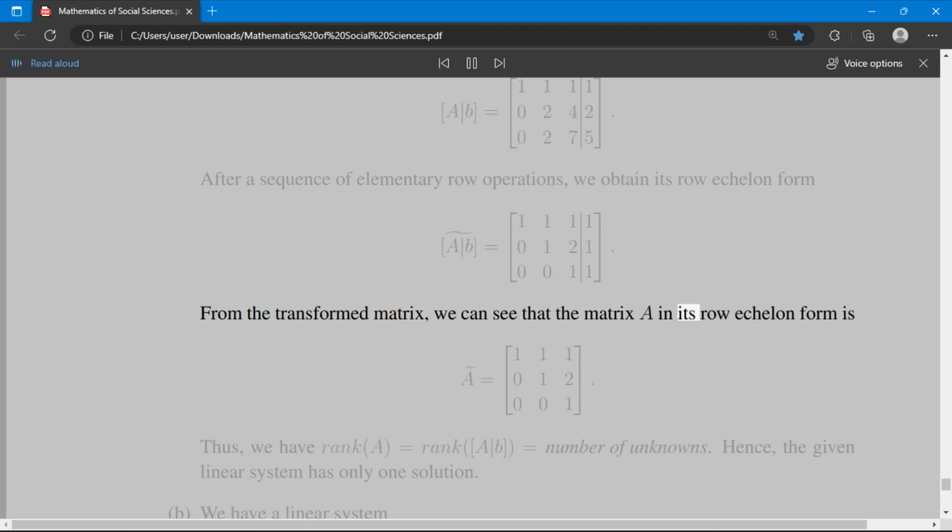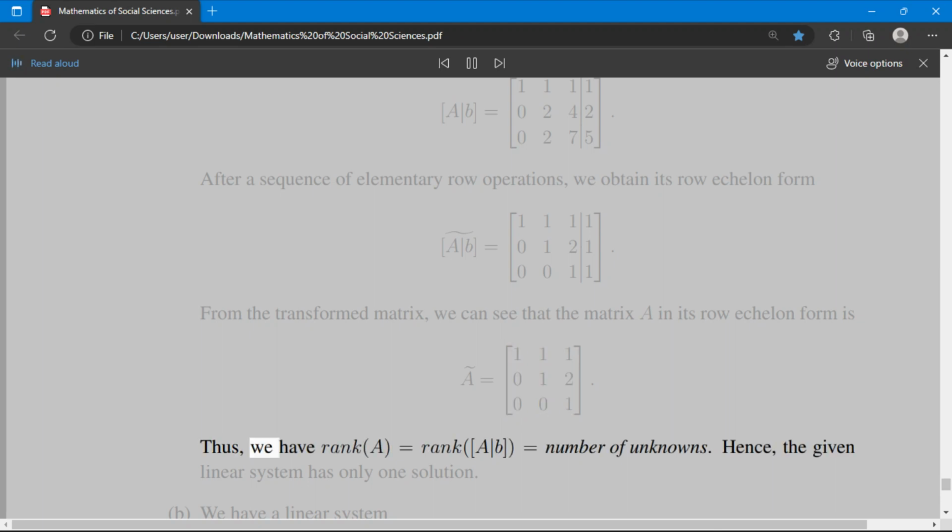From the transformed matrix, we can see that the matrix A in its row echelon form is AE equals [1, 1, 1; 0, 1, 2; 0, 0, 1]. Thus, we have rank A equals rank AB equals the number of unknowns. Hence, the given linear system has only one solution.